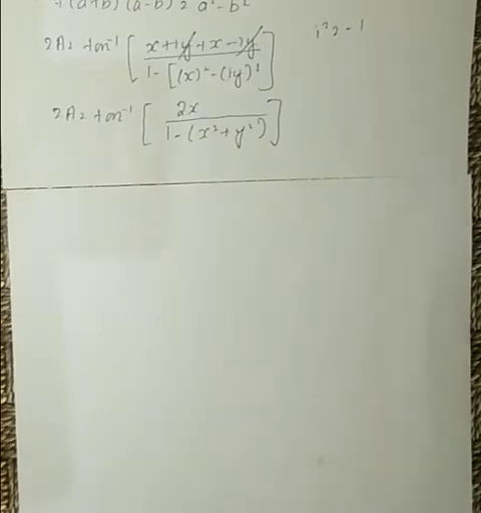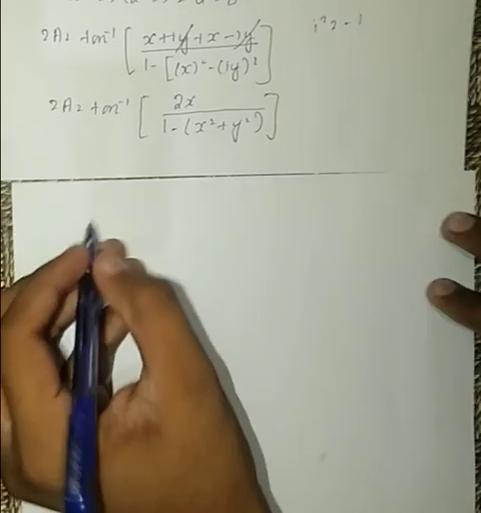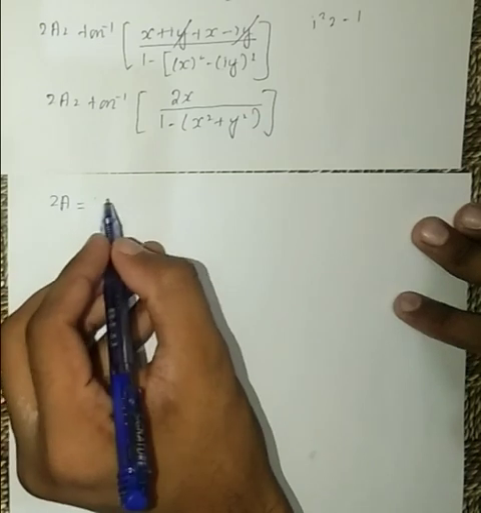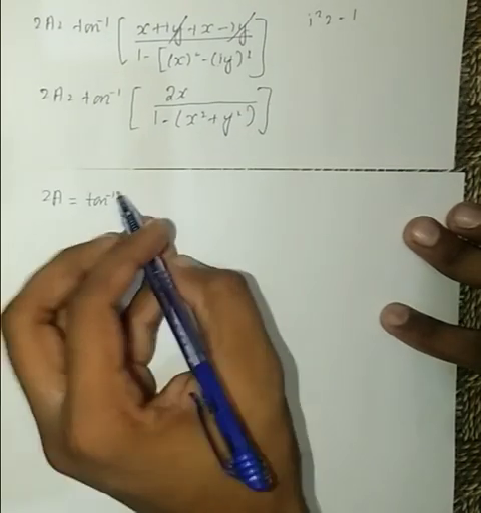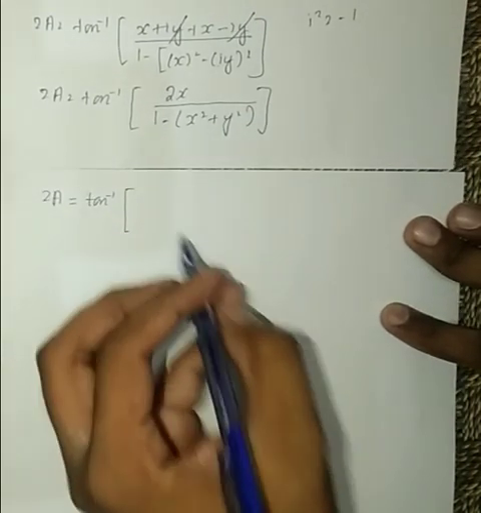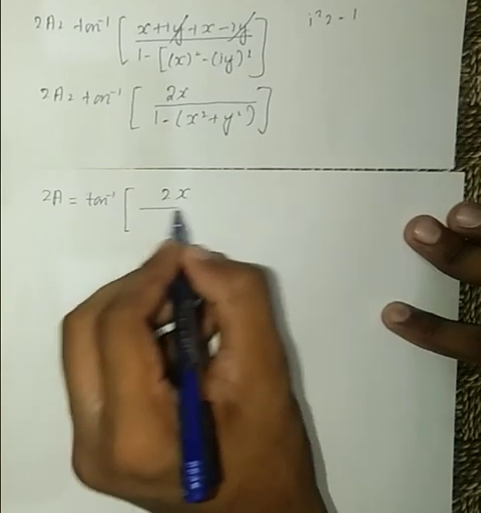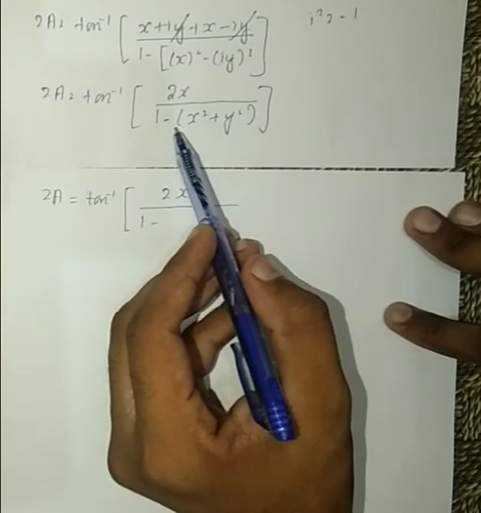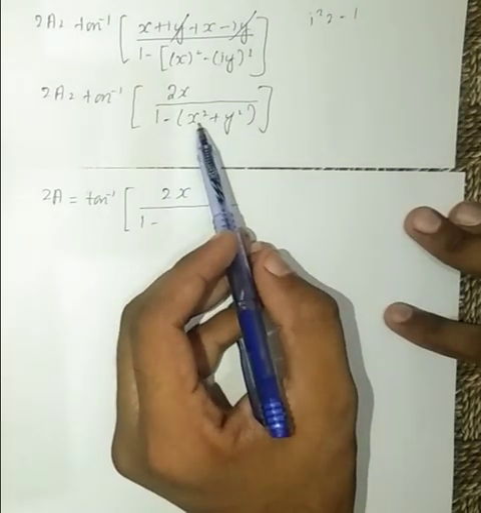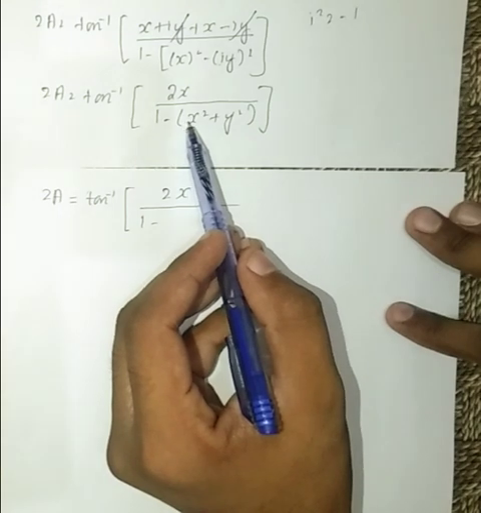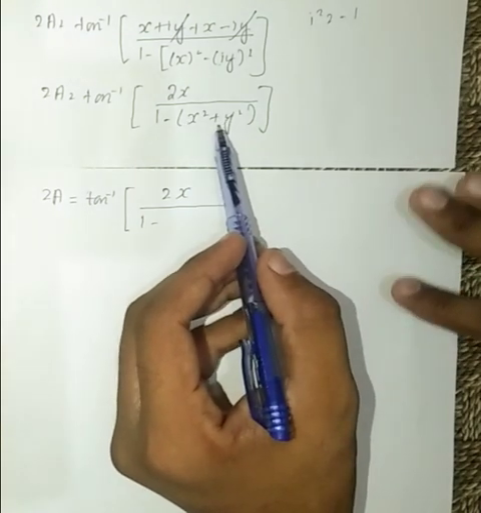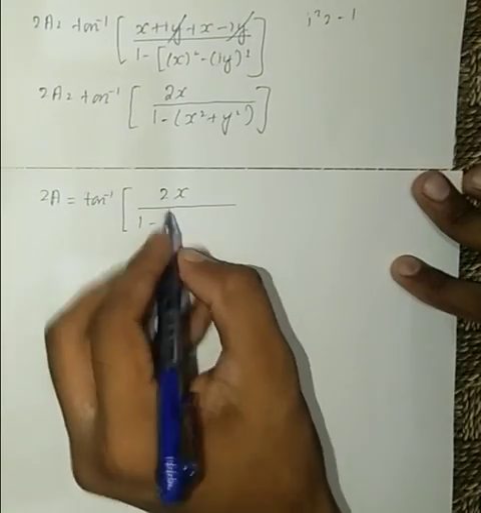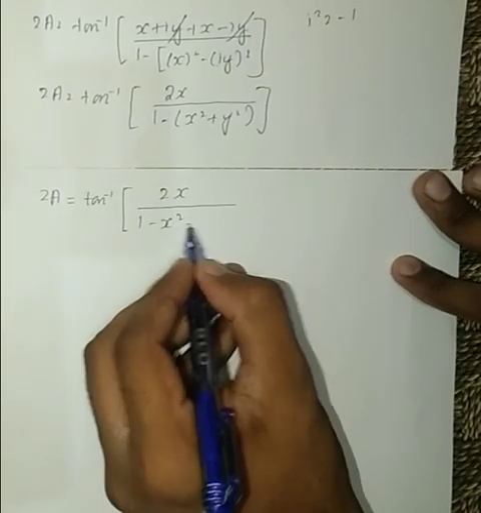So on the second page, 2a equals tan inverse of 2x over 1 minus, and the minus sign multiplication with x square and y square. The sign of x square is positive and the sign of y square is positive, so the multiplication plus times minus equals minus y square.